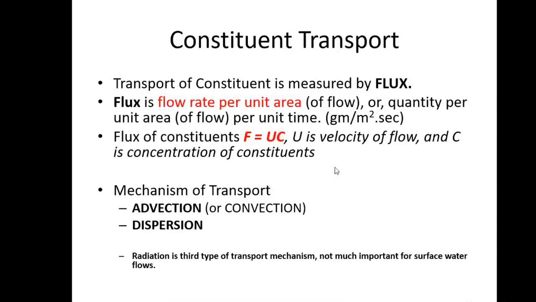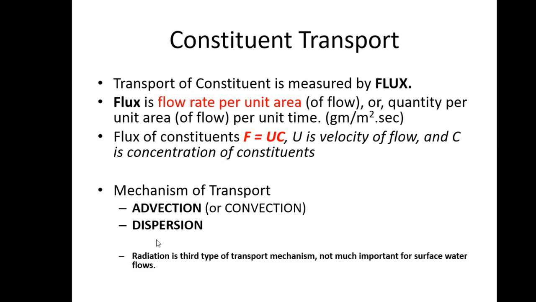So now, the transport mechanism can be any of three ways: conduction, convection or radiation, but radiation transport is not of interest to water engineers dealing with flow in the river. Radiation is the third type of transport mechanism, not much important for surface water flows.